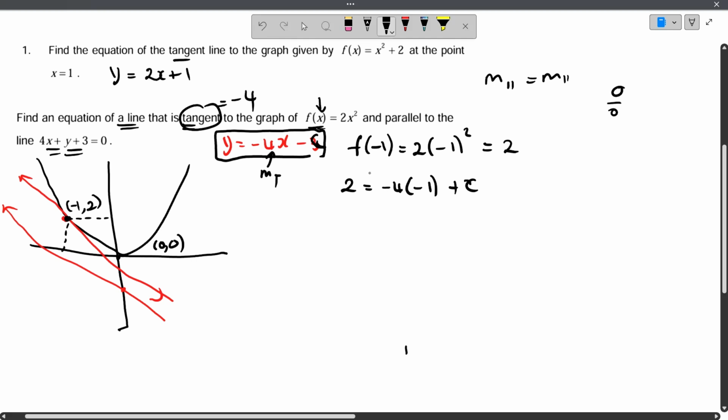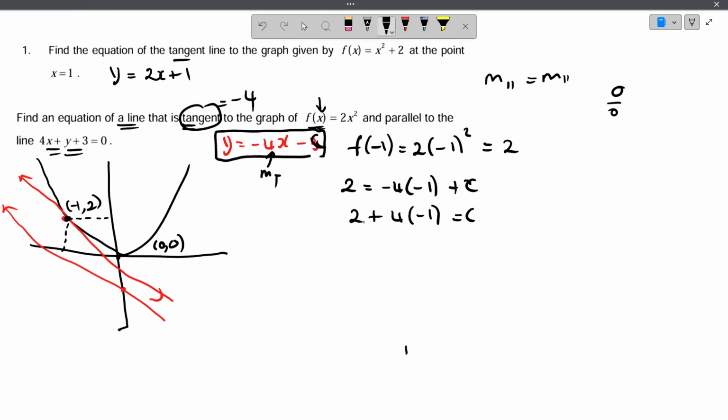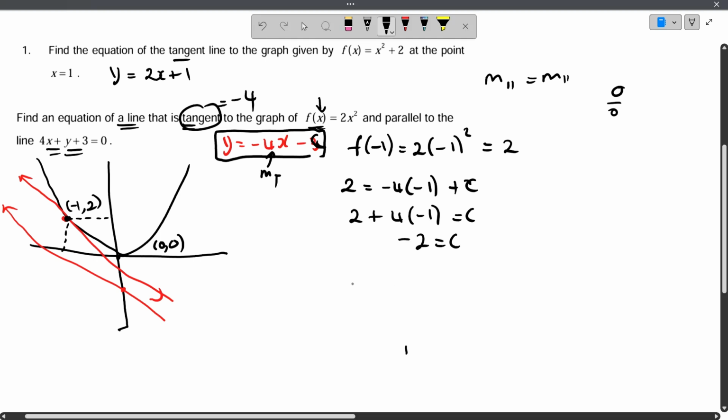Well, I will transpose this one to the right. I have 2 plus 4 times -1, which is equal to c, so in this case I'll have 2 minus 4, which is -2, is equal to c, and therefore the equation of the tangent line will be y is equal to -4x minus 2, right?